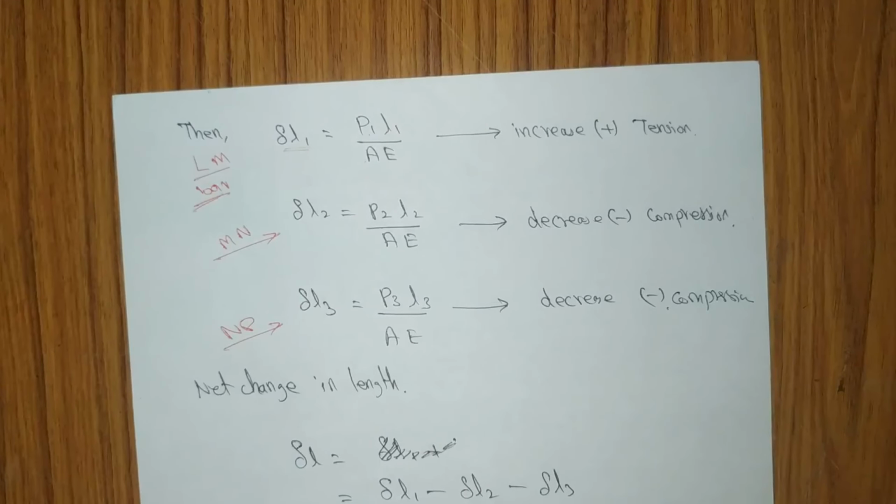Doing the mathematics, we get minus 0.12 mm. The negative sign indicates that the bar is shortened by 0.12 mm. So the total elongation of the bar is 0.12 mm.